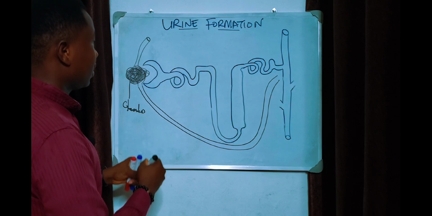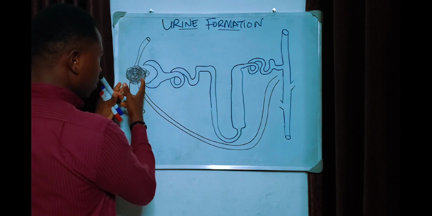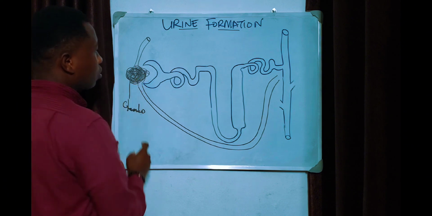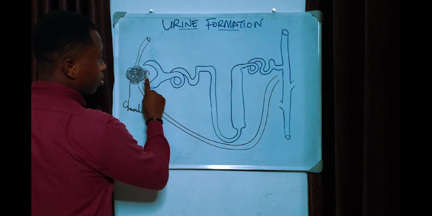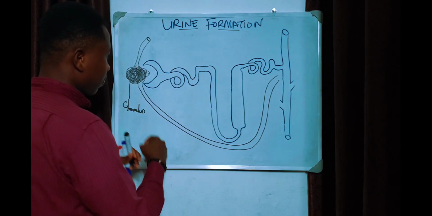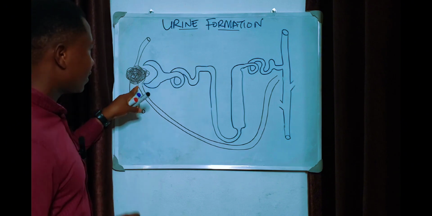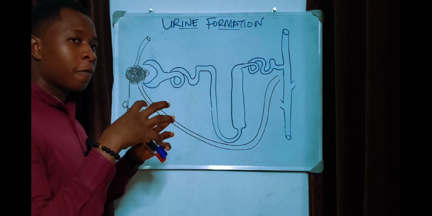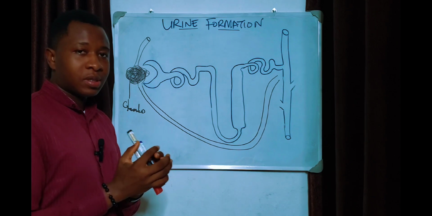I already discussed the glomerulus in a previous video. Now, the blood at the glomerulus is being filtered into the nephron. Remember, this glomerulus is made up of a mass of capillaries.